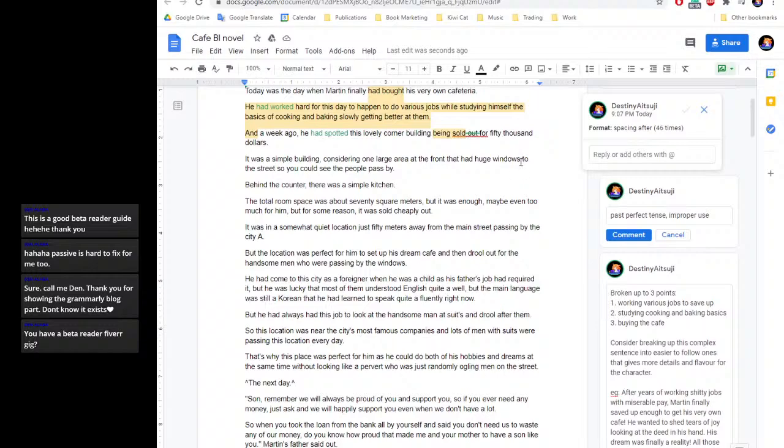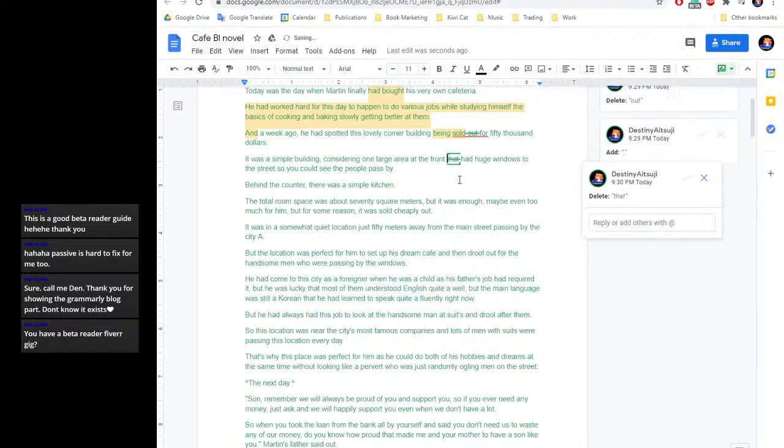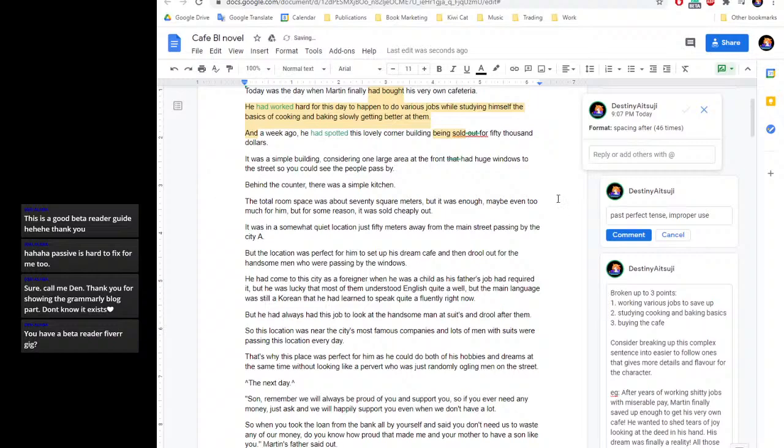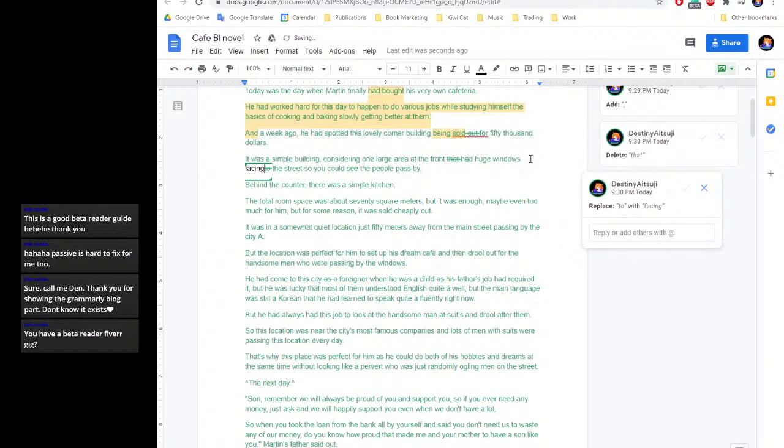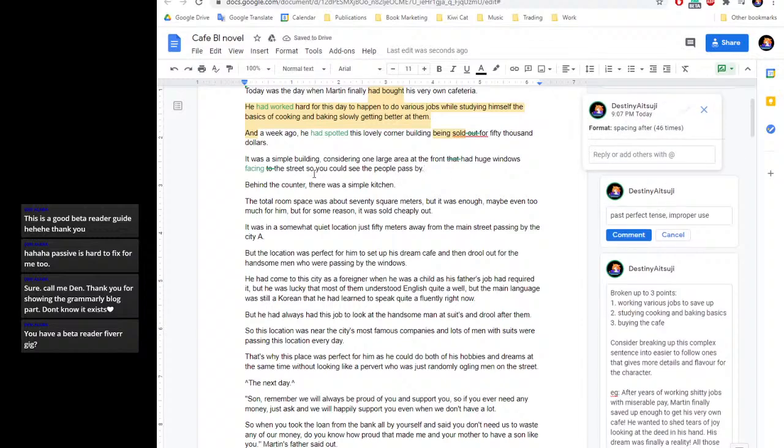It seemed like a double corner kind of thing. It was a simple building, considering one large area at the front that had huge windows facing. It's a direction, okay, facing the street.